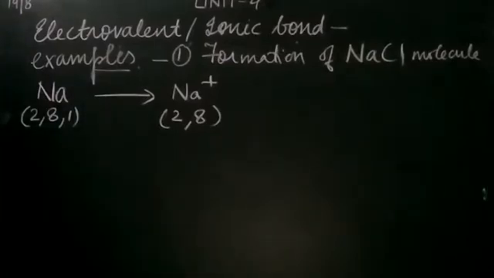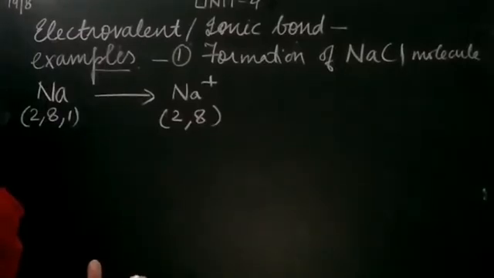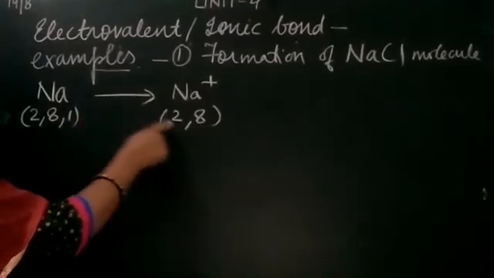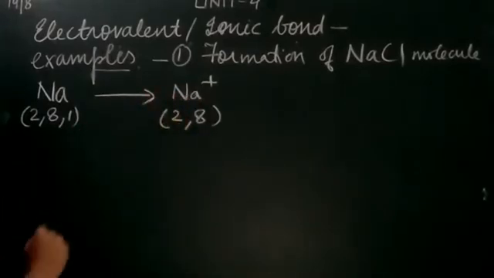So in case of hydrogen and lithium, the tendency will be to acquire a stable duplet, which is similar to the nearest noble gas configuration, that of helium. So here, students, one electron is lost, and we get the sodium ion, that is Na plus.